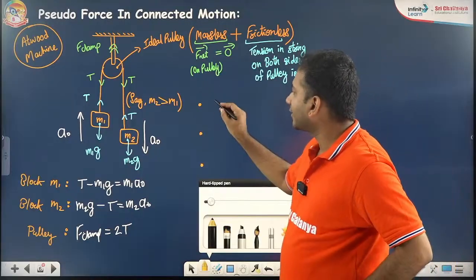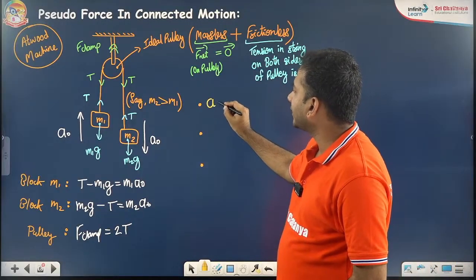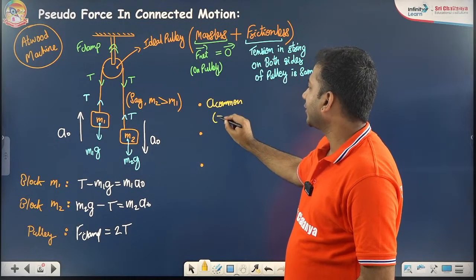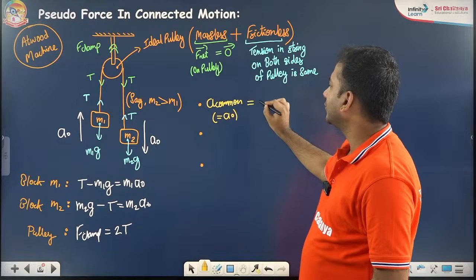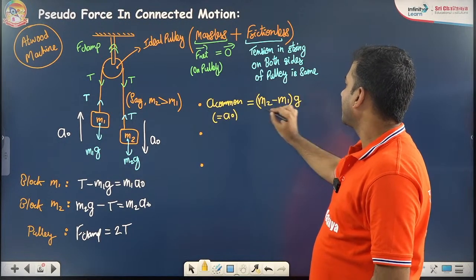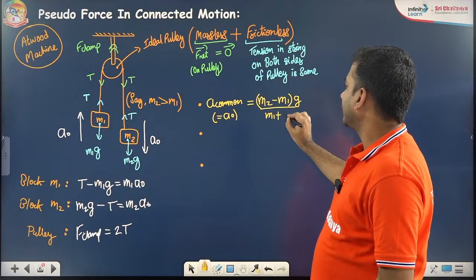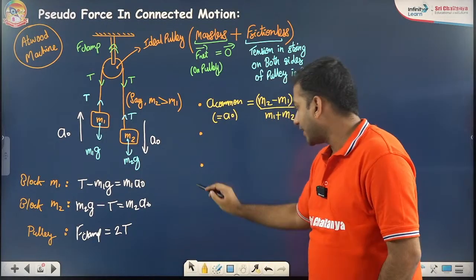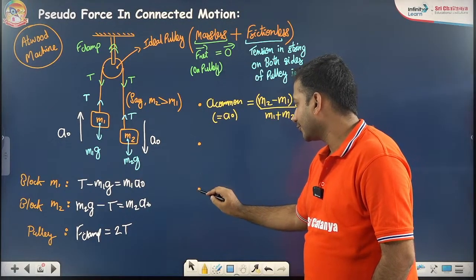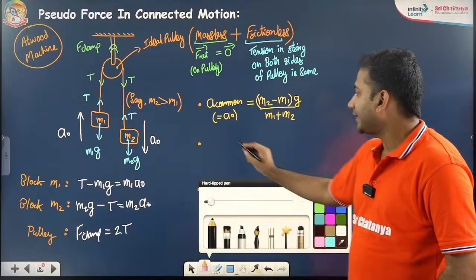Those results are, I'll write the first result as common acceleration. The common acceleration, which is A0 magnitude, is equal to bigger minus smaller, M2 minus M1 into G by M1 plus M2. That is the first result. Next is tension.